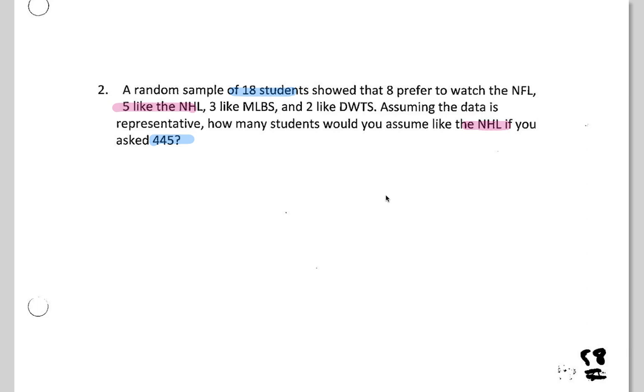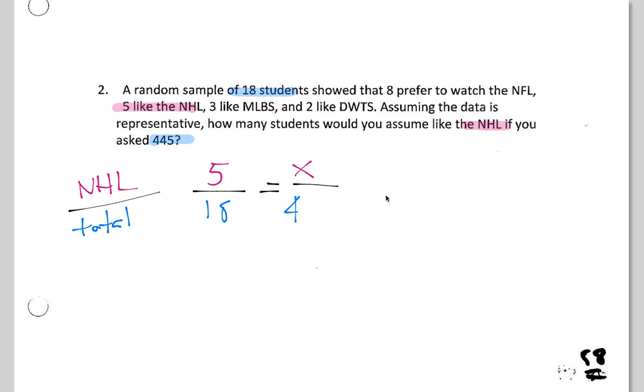So we are comparing the NHL to the total. So if 5 like it out of 18, how many will like it out of 445? We're assuming that this percentage will be the same because they're telling us that it's representative, meaning it's proportional.